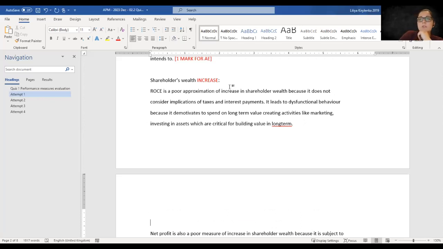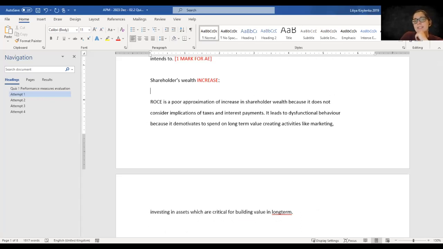Okay, look, you started here with negativism, with saying why this measure is bad. You cannot do that because the reasonable question is, if this measure is so bad, why are you talking about it in this very part? Maybe there is some other measure that can measure shareholders' wealth increase better.